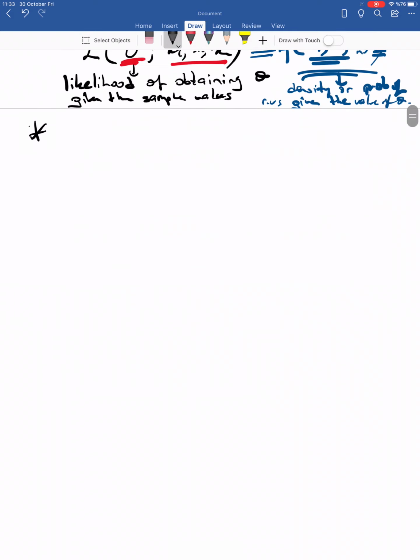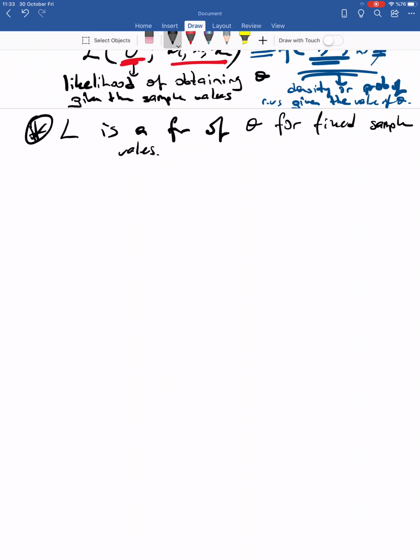Okay, so then we can say that L is a function of theta for fixed sample values. How likely that obtained sample gives this theta value. So it is not a PDF or a joint PDF, but we are finding the likelihood function using the joint PDF.